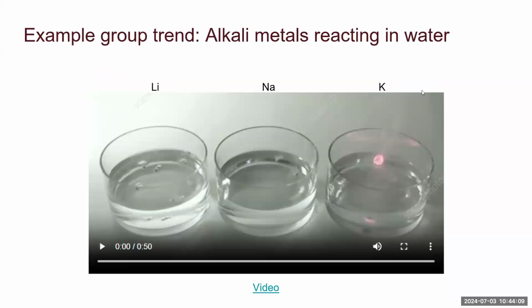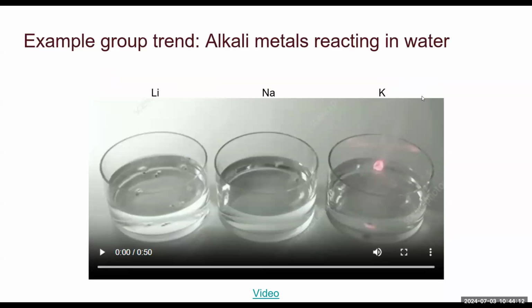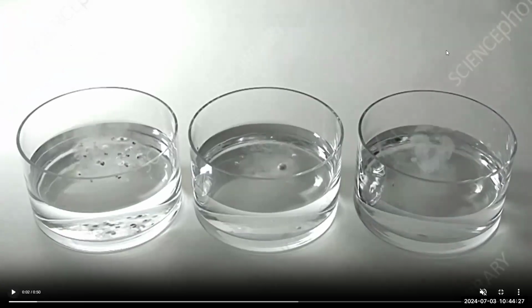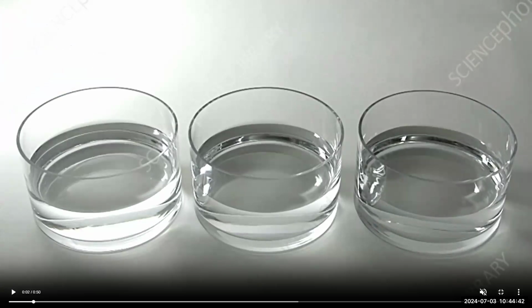Now, to illustrate this, we've got a video to show the different reactivities. So we've got 3 beakers of water, and to each of these different beakers, a mystery gloved hand has added solids.